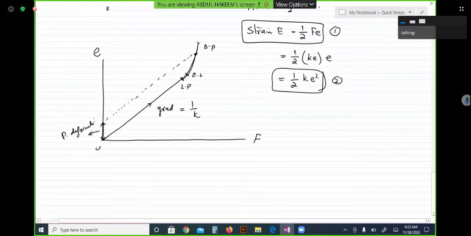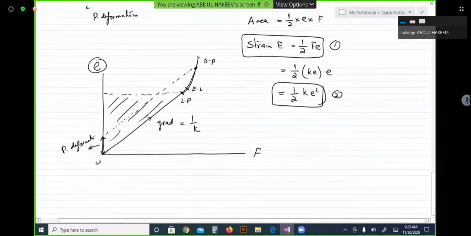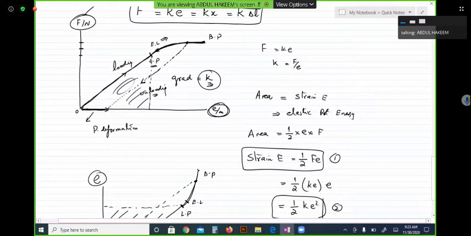Now the area under the graph will be the same, half base into height, but if the question is to shade the area which is representing the strain energy, then we have to always shade the area adjacent to the extension. So we will shade this area. The formula will remain the same. And here we will shade this area because this is extension. Reason, energy is equal to work, and work is F times d.